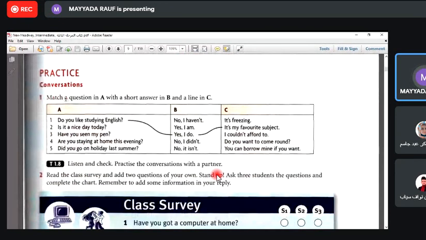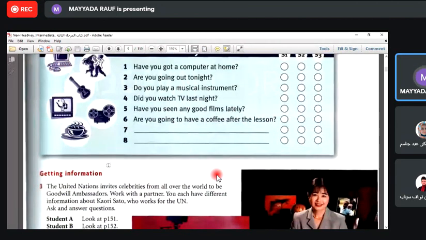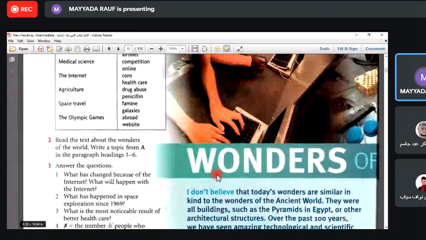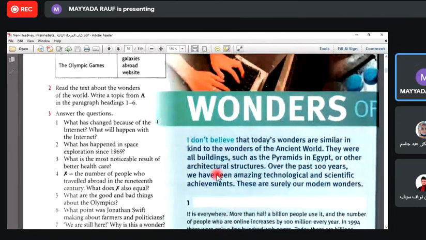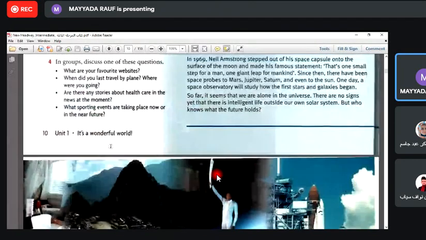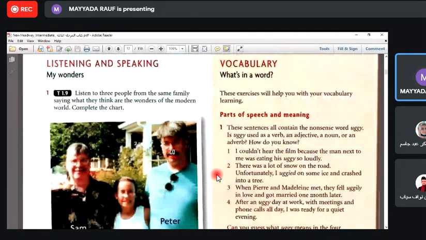This exercise, match question in A with short answer in B and write in C, this one should be neglected, and also the exercises related to the paragraph. This one should be neglected. Number four, this one should be neglected.